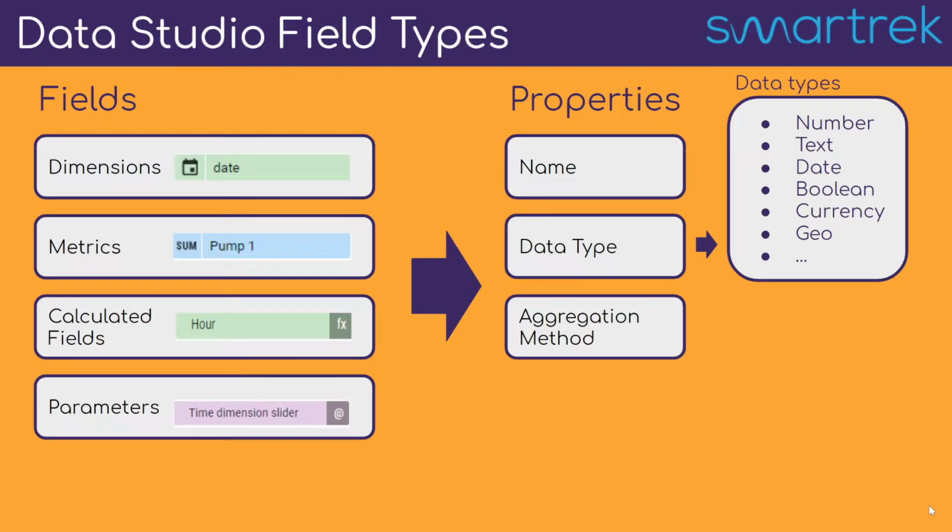Next, every field also has a default aggregation property. The aggregation is the method by which a field's data is summarized. For example, if I had a data set containing a list with the numbers from 1 to 10, and my aggregation method is a sum, then whenever you ask a chart to summarize the data, you get the sum of the numbers in the list, so 55.